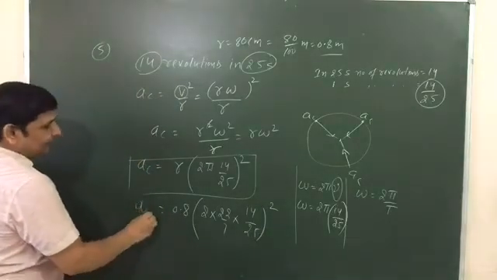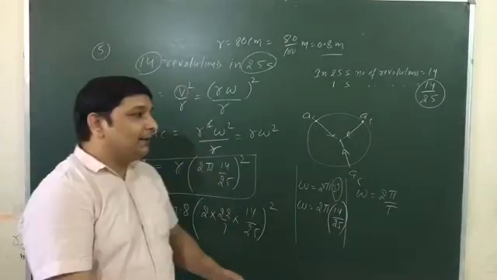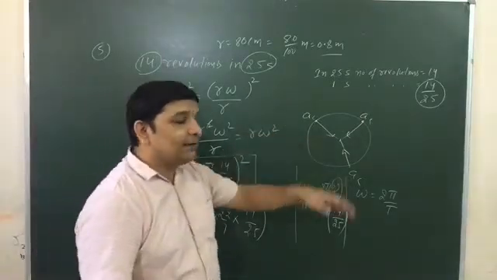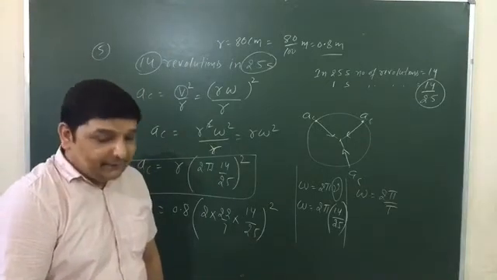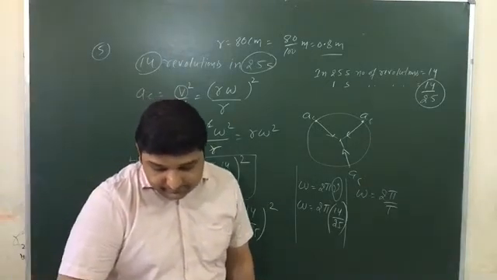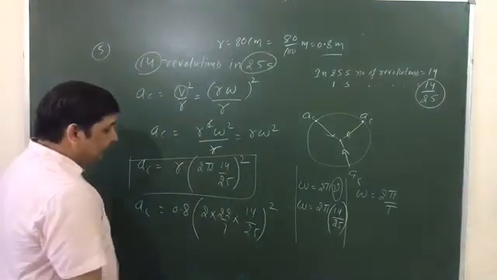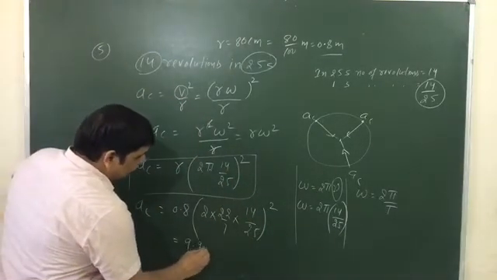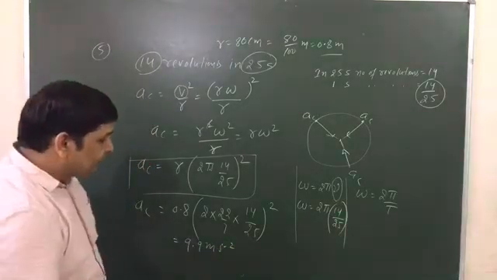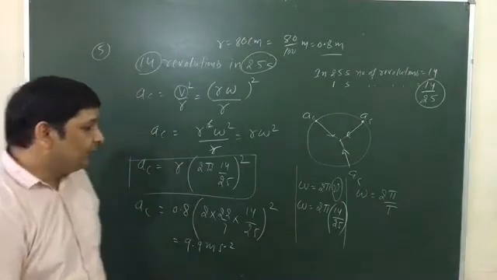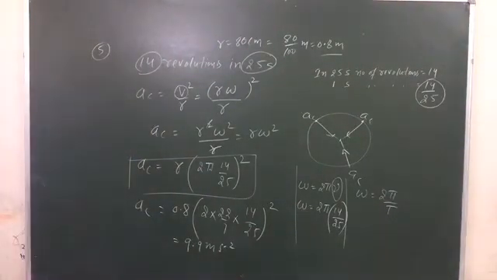Therefore, we can find the value of centripetal acceleration, and the direction of centripetal acceleration is directed towards the center of the circular path and along the radius. In this case, the value of centripetal acceleration is 9.9 meter per second square. We can find the value of centripetal acceleration by using this formula.